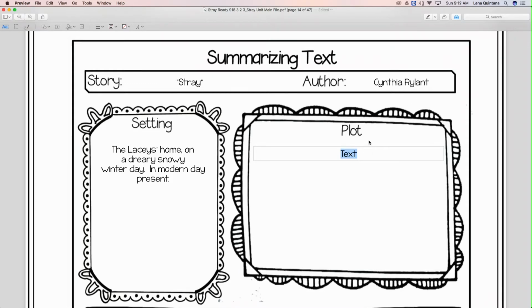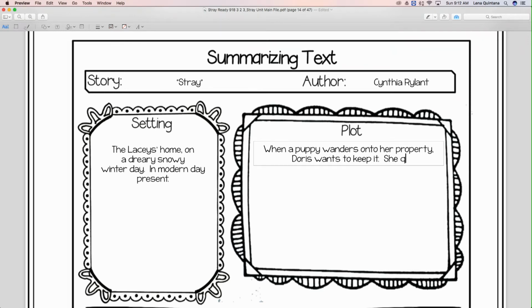It all started when a puppy wanders onto her property. Okay, and who are we talking about? We are talking about Doris. Doris wants to keep it. Okay.